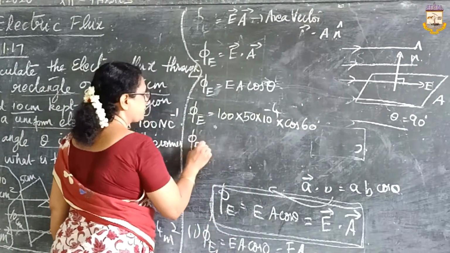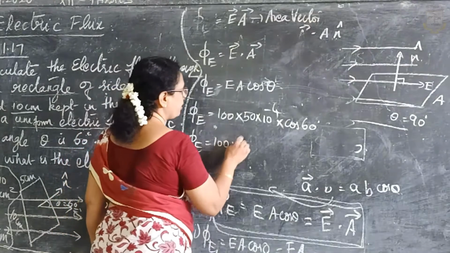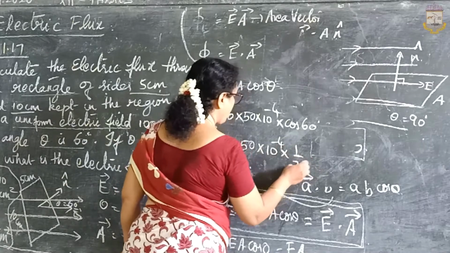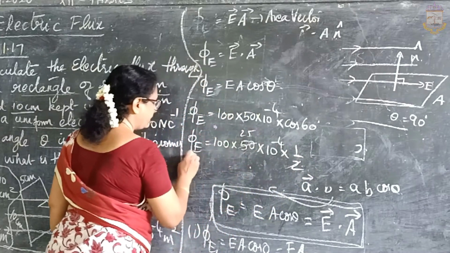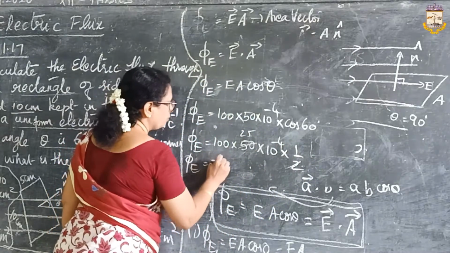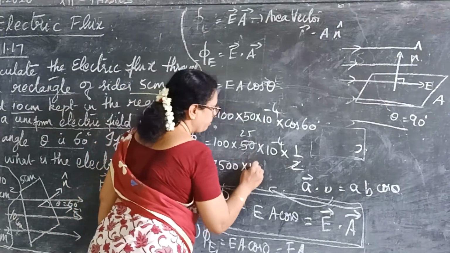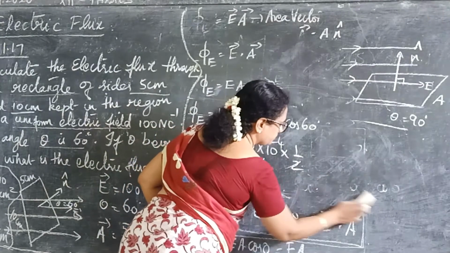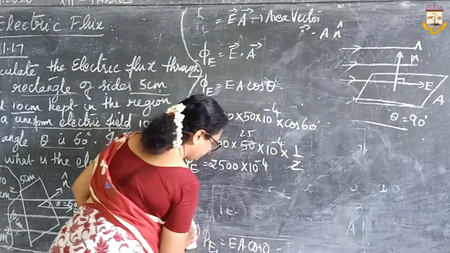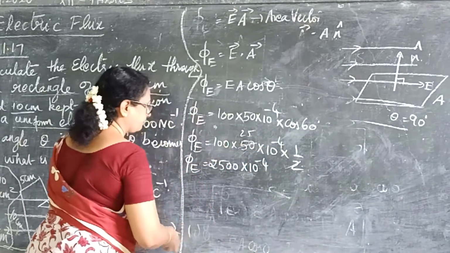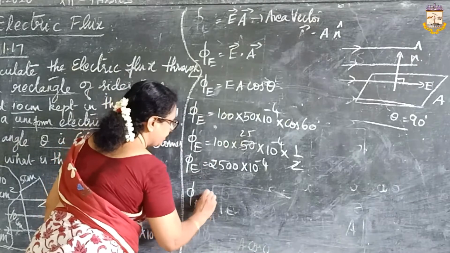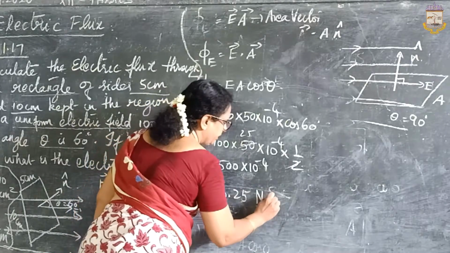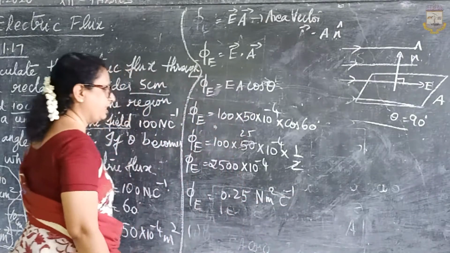So cos 60 is half. So 100 into 50 into 10 power minus 4 into half. So we have 2500 into 10 power minus 4. That is phi E is equal to 0.25 Newton meter square coulomb power minus 1.